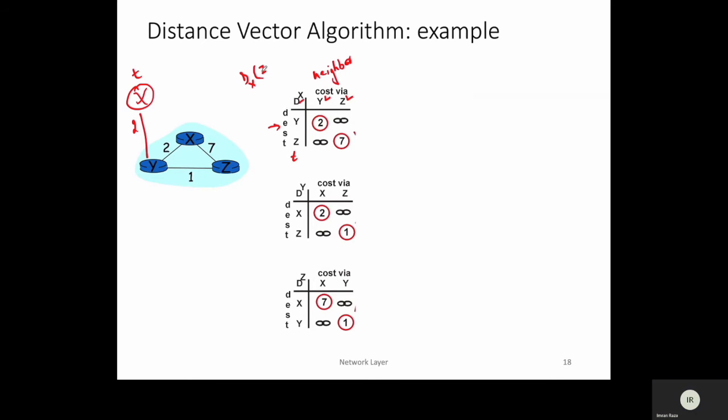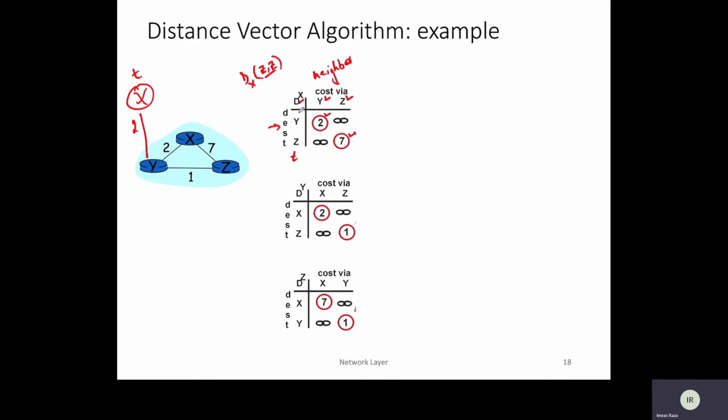The cost to reach from X to Z via Z means Z is the direct neighbor of X, and the cost is 7, right? So we have learned how these two costs are being represented in the table.